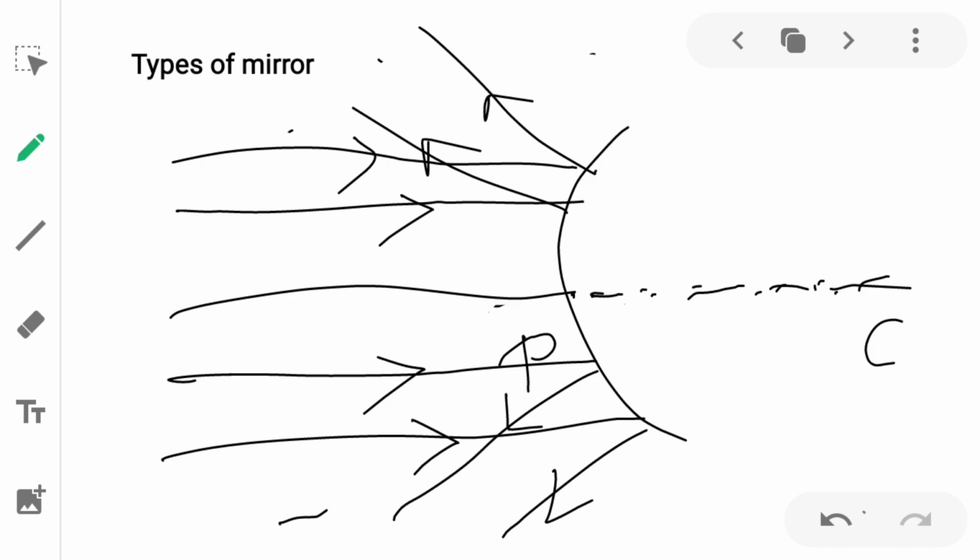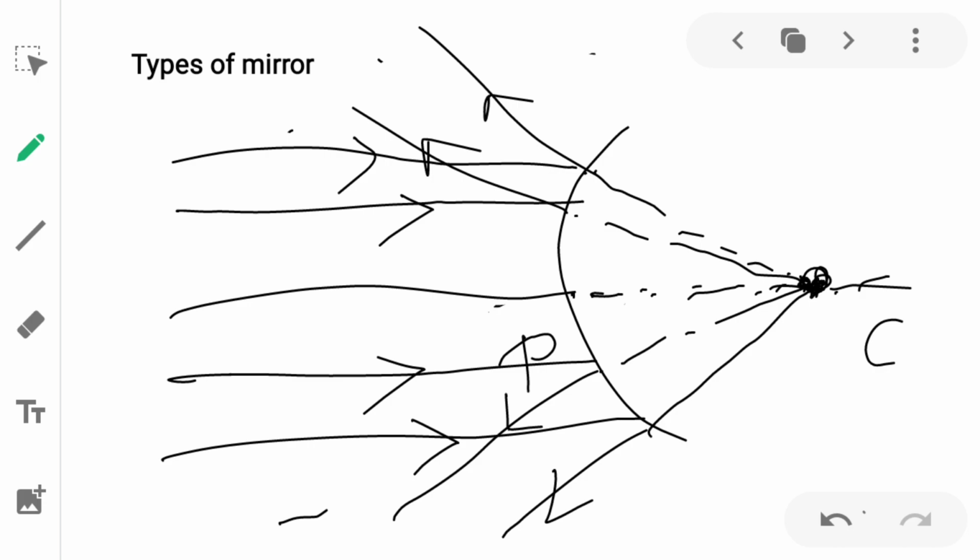They diverge. But when you extrapolate the direction of the reflected rays in the backward direction, they all meet at a common point. So the reflected rays appear as if they are diverging from a common point.